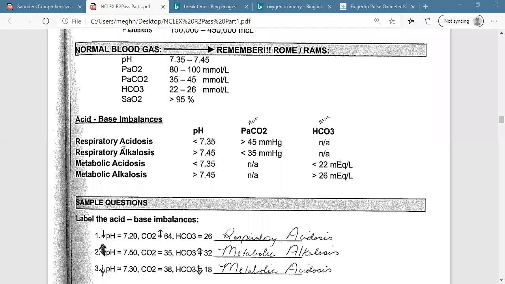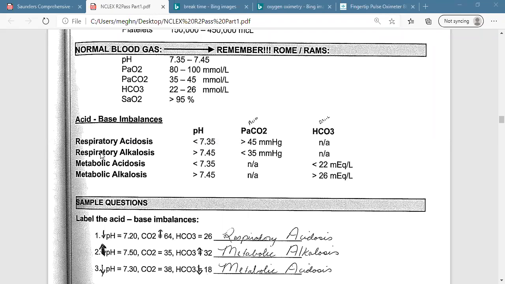But in respiratory, they call it respiratory opposite. It means in respiratory acidosis, pH is down but carbon dioxide goes up, opposite.